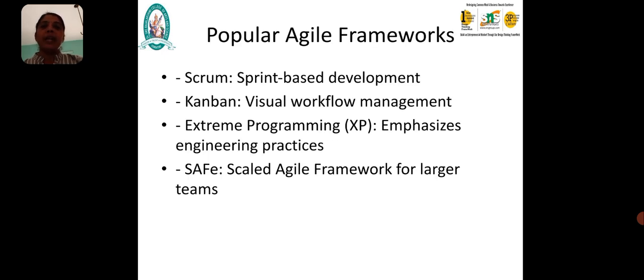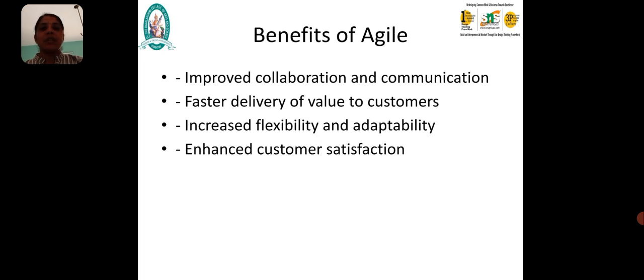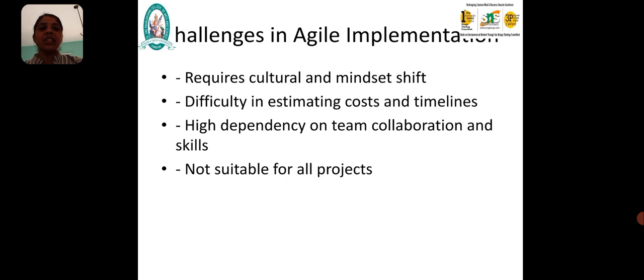Popular agile frameworks: Scrum, sprint-based development; Kanban, visual workflow management techniques; and XP, extreme programming, also used in the agile model. Then the scaled agile framework is used for the largest teams. Benefits of the agile model are improved collaboration and communication, faster delivery, increased flexibility and adaptability, and enhanced customer satisfaction.